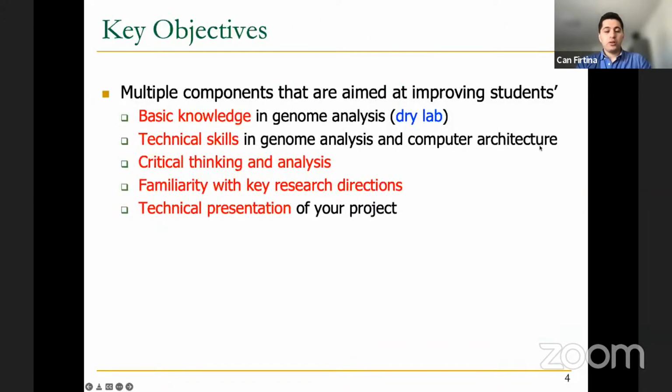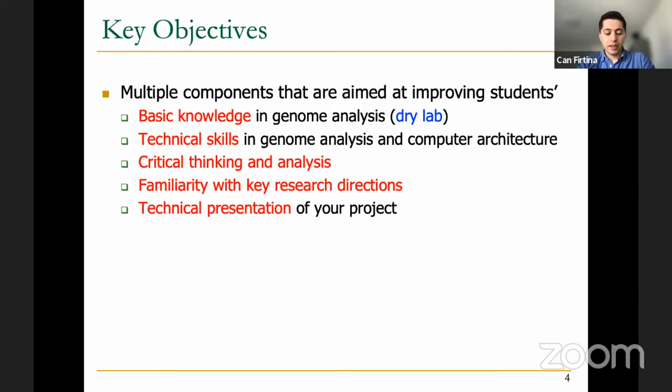So what are the key objectives in this course? We really want to enable you to grow in multiple aspects. What are these aspects? First of all, you're hopefully going to improve your basic knowledge in genome analysis.